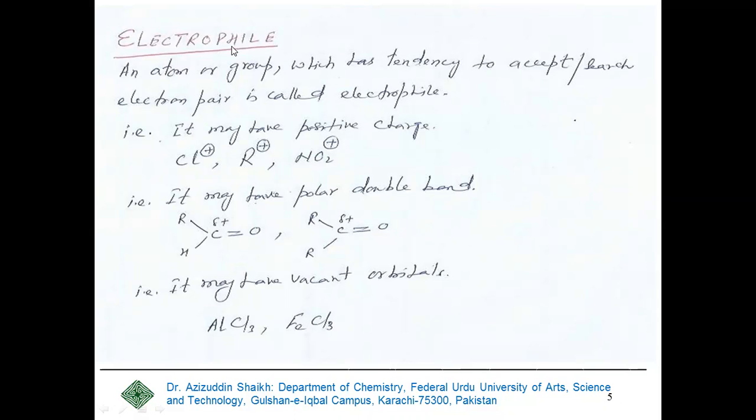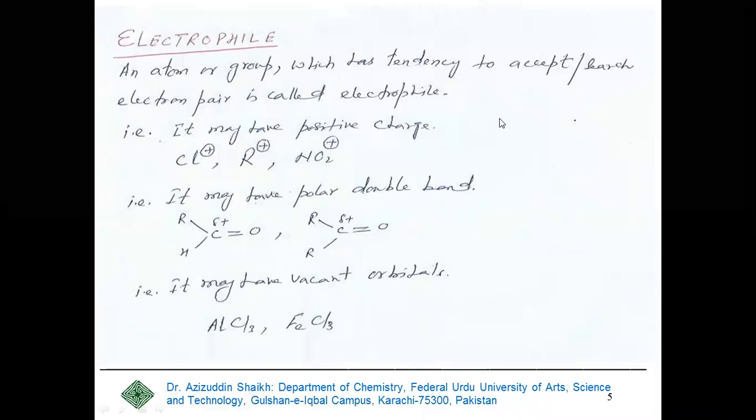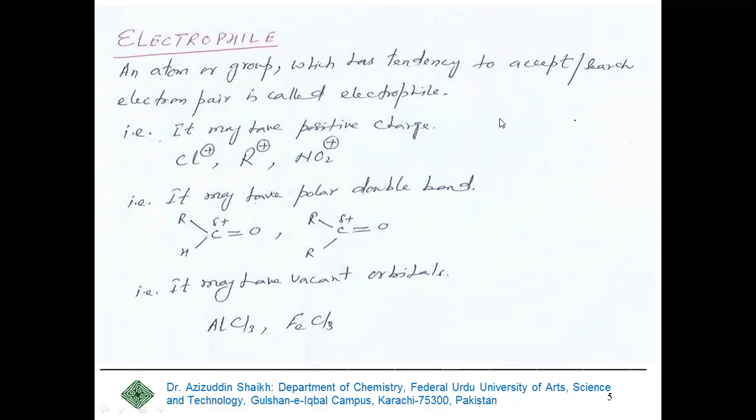So what are electrophiles? An atom or group which has a tendency to accept or search for an electron pair is called an electrophile. The characteristic of an electrophile is that it accepts or searches for an electron pair. It means it is electron deficient.